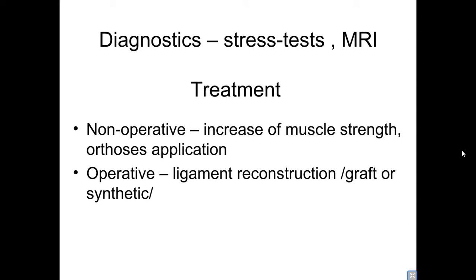That's why we can do ligament reconstruction. We usually use a graft from tendon. The tendon has slightly different characteristics, but it works very, very well for reconstruction of the ligaments.